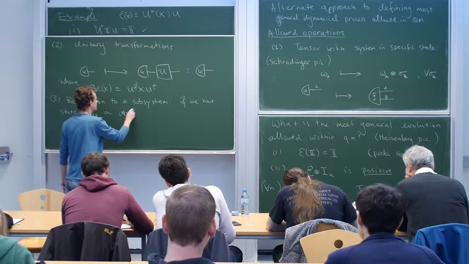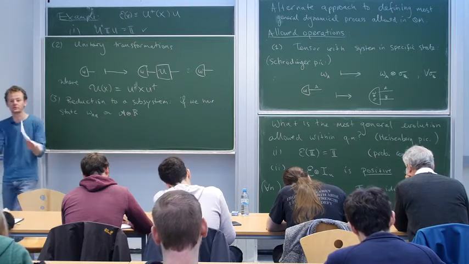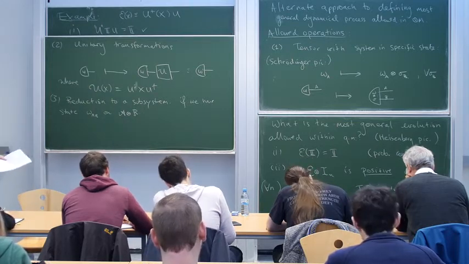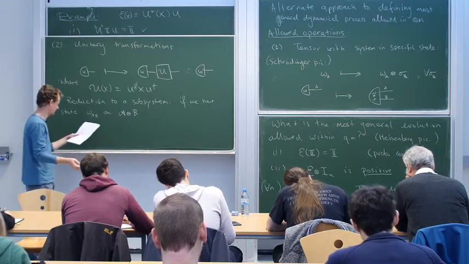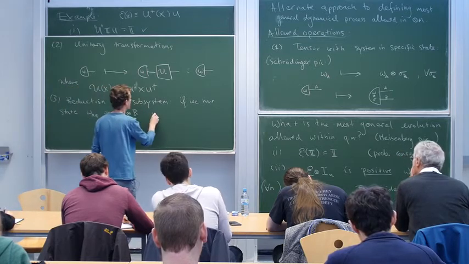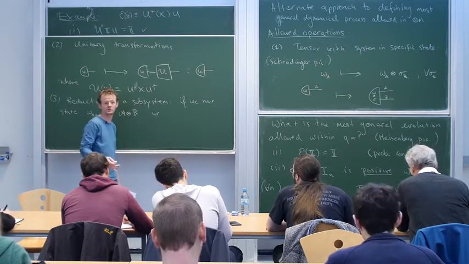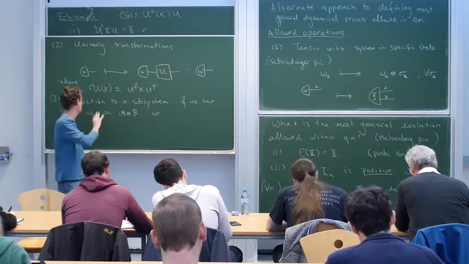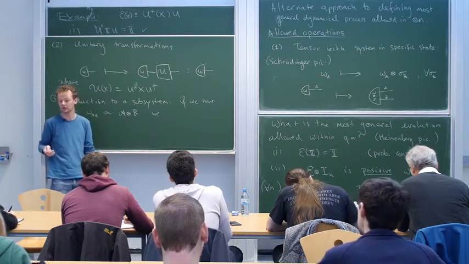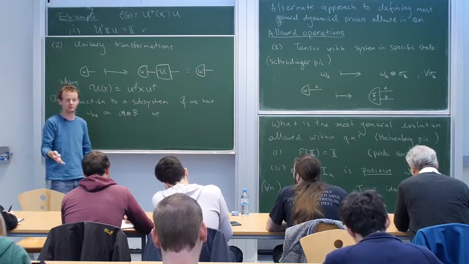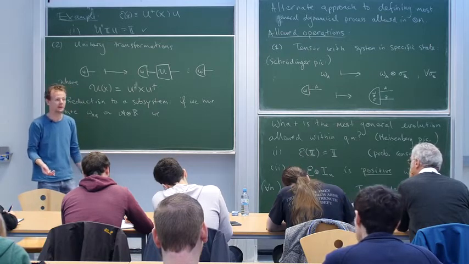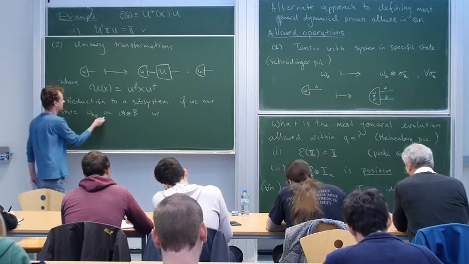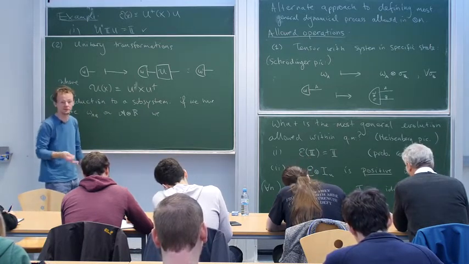If we have some state on a composite quantum system, a system comprised of two subsystems, then we are allowed to ignore system B. If we just simply say we're never, ever going to measure anything on system B, then we must be allowed to talk about the state on system A. What's the transformation that takes this bigger state to an effective state on just A?